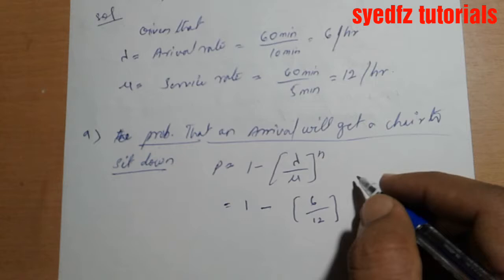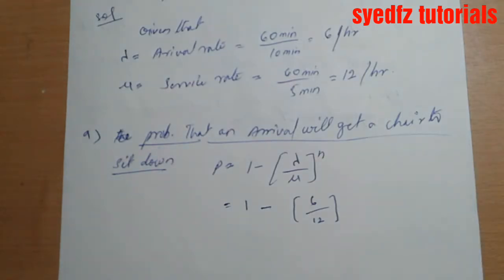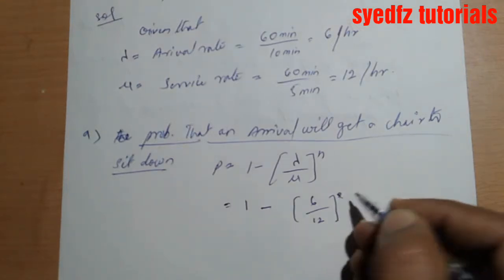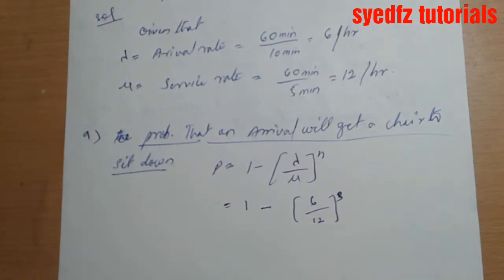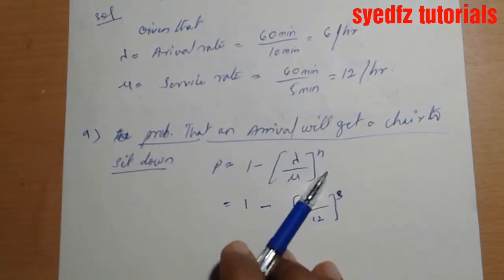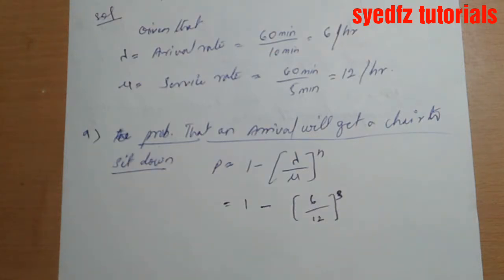Okay, the probability of having less than 3 customers in the system. For example, less than 3 customers means there are only 2 chairs, you know. So less than 3 customers. N is the number of customers, so we should take the chance of 3 customers, because there are only 2 customers waiting and 1 customer is getting served.